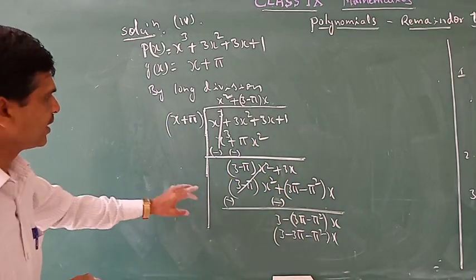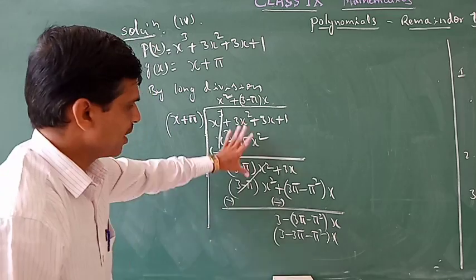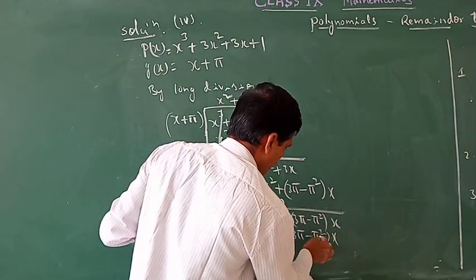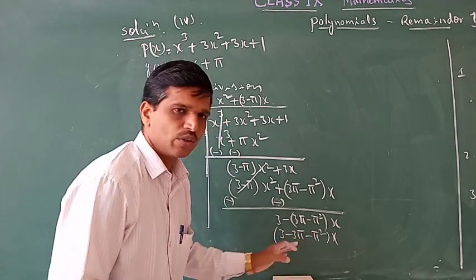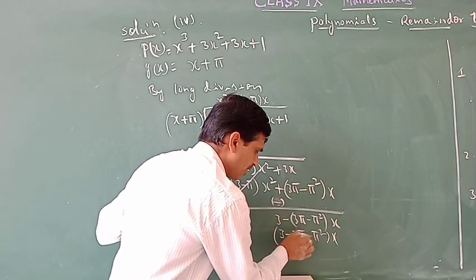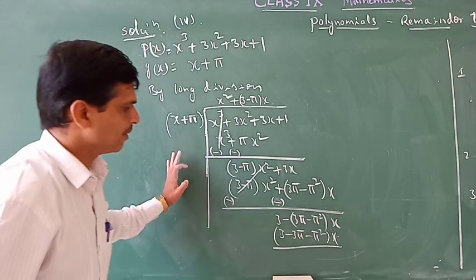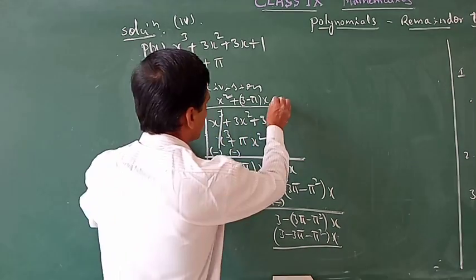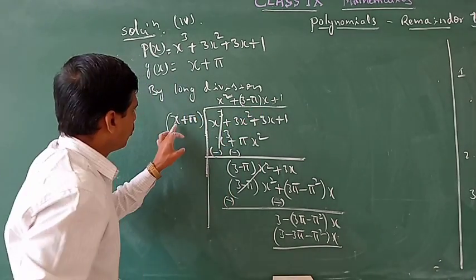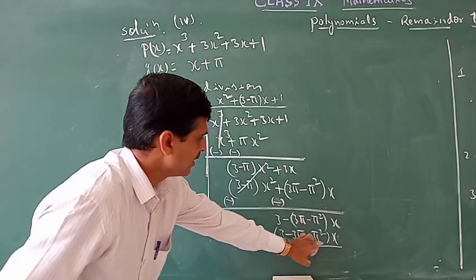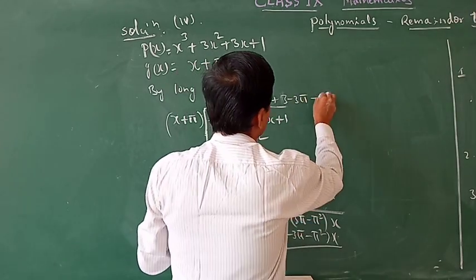The degree of 5 square is 2, and 1 is also a real number. 3 and 5 are real numbers or integers, so only consider the x variable. To eliminate the x value, it becomes plus 1, because x into 1 is x. So take the same term into 1 minus 5 square.